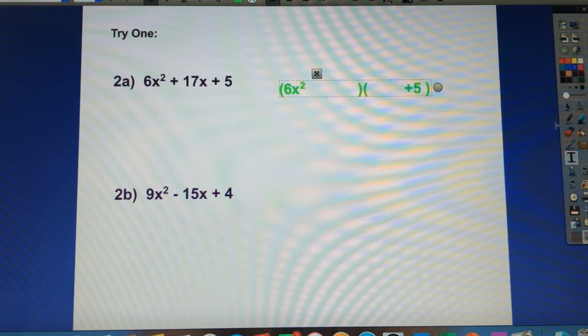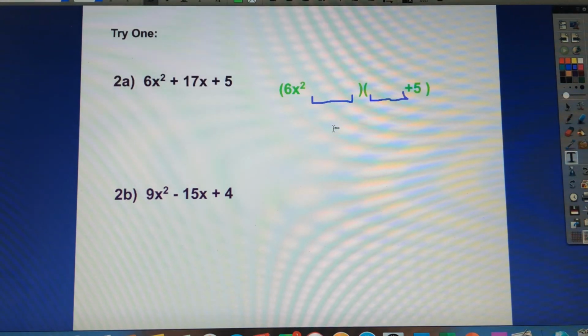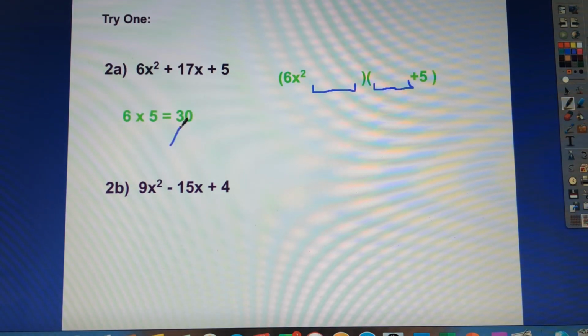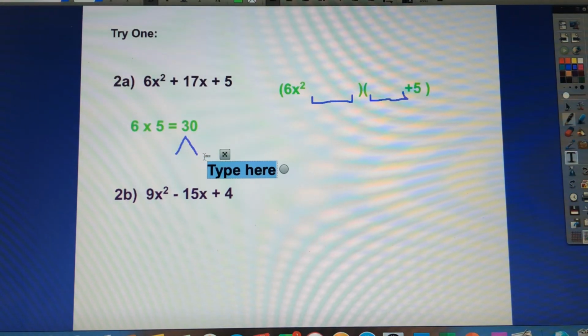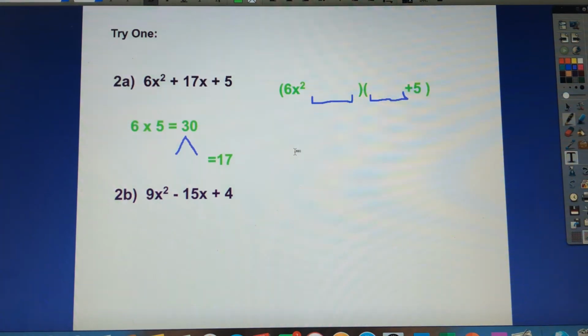What I'm looking for is what goes here. What are my two factors that I'm missing right here? Daniel's method tells me that if I take 6 times 5, I get 30. I now need two factors of 30 that are going to equal B. They're going to equal 17. So what are my two factors going to be that equal 17?